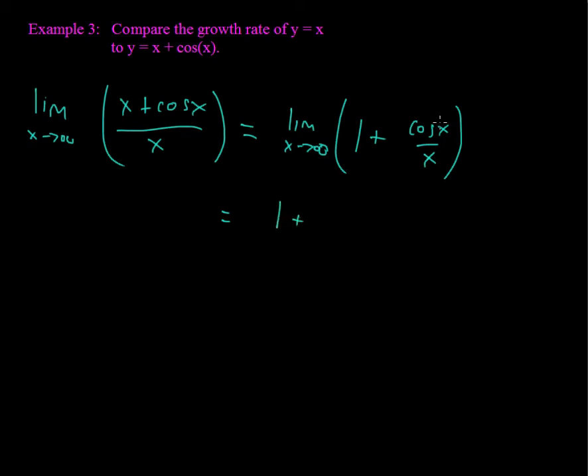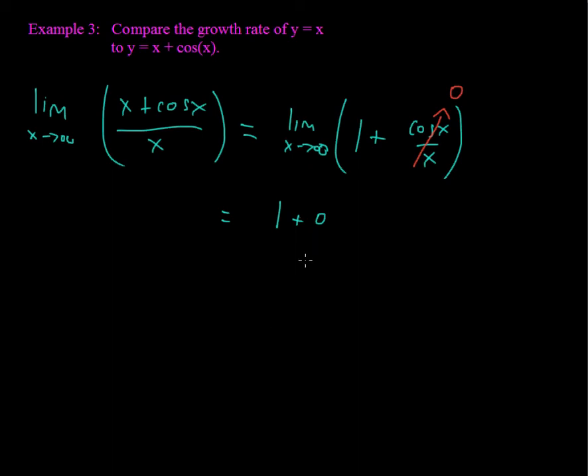And the limit of this, you can see that cosine of infinity, well, basically it's alternating between -1 and +1 and all the numbers in between. So the largest and smallest it ever gets is between -1 and 1. However, the denominator is getting larger and larger and larger, so that piece is heading towards 0. So often the way I like to denote that is to do a little arrow, saying that's heading towards 0.